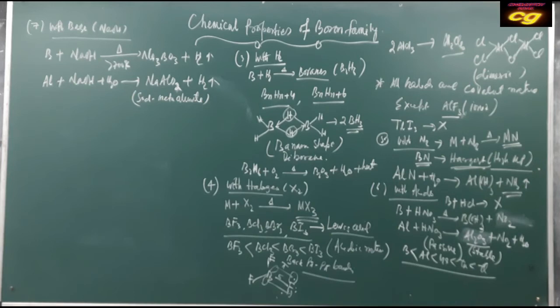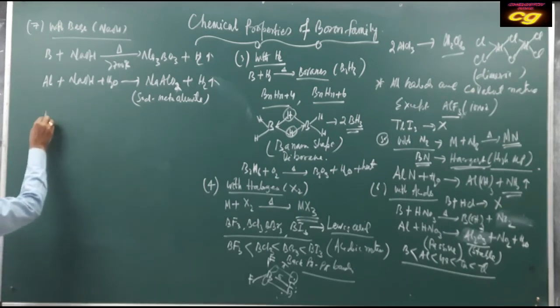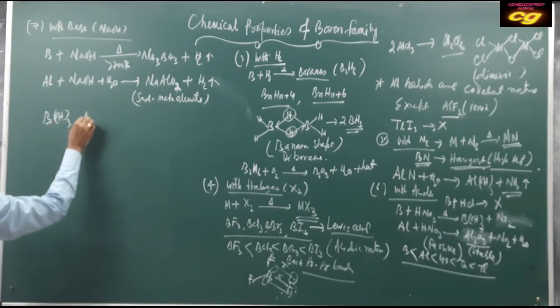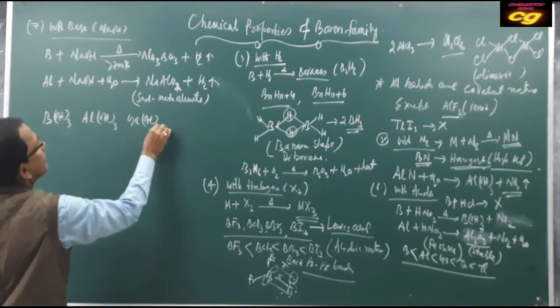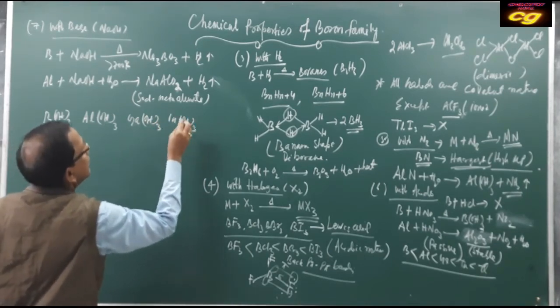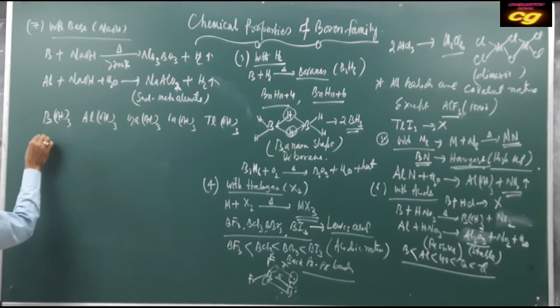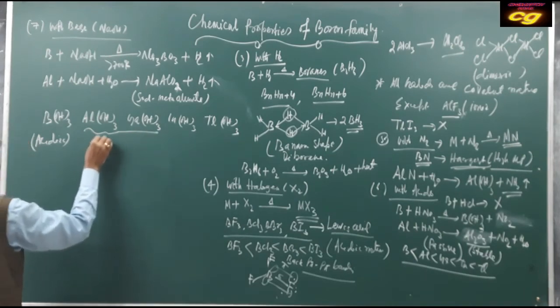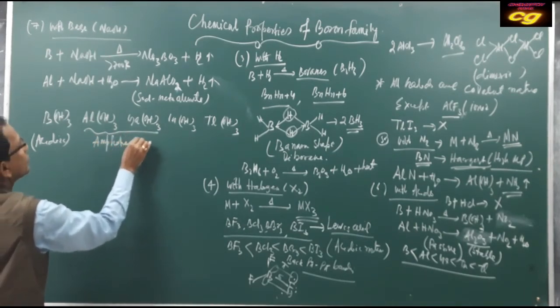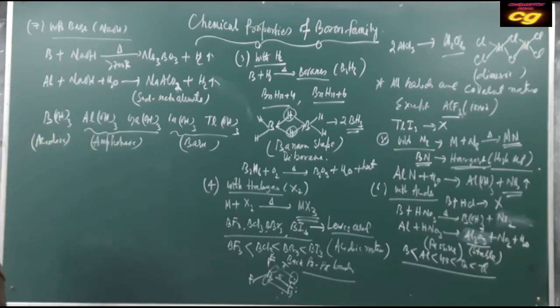So that is the reaction with base. We have already discussed the oxides, and if you see the hydroxides, all form hydroxides: B(OH)3, Al(OH)3, Ga(OH)3, In(OH)3, Tl(OH)3. This one is acidic, these two are amphoteric like the oxides, and these are basic in character.